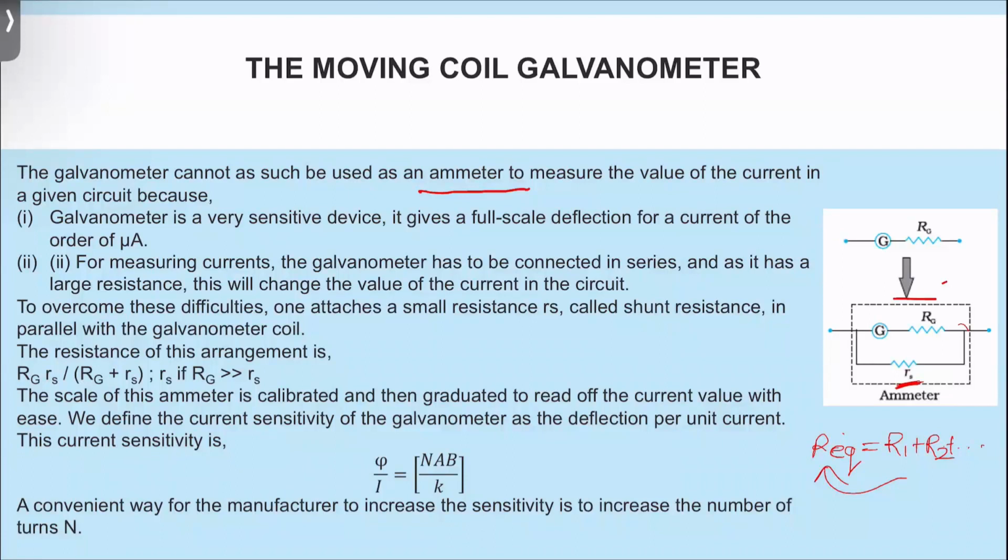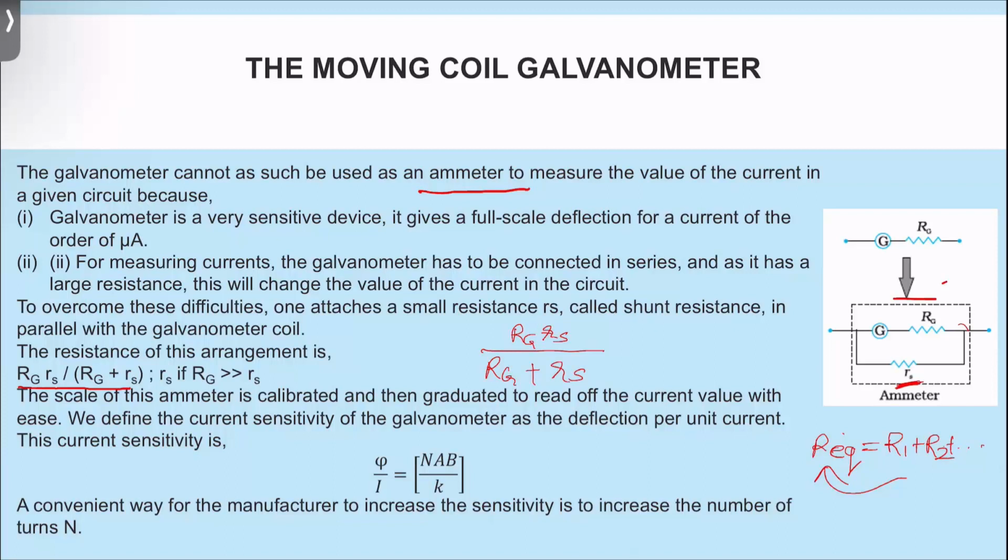The resistance of the arrangement will be given as Rg Rs upon Rg plus Rs. Rs is the shunt resistance, and Rg is much larger than the shunt resistance.